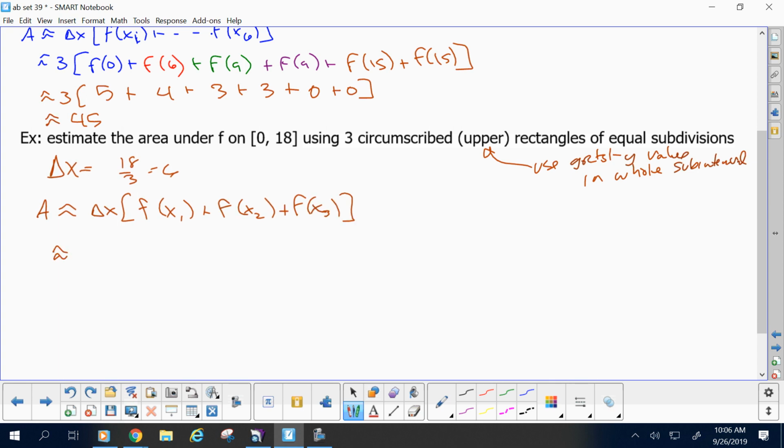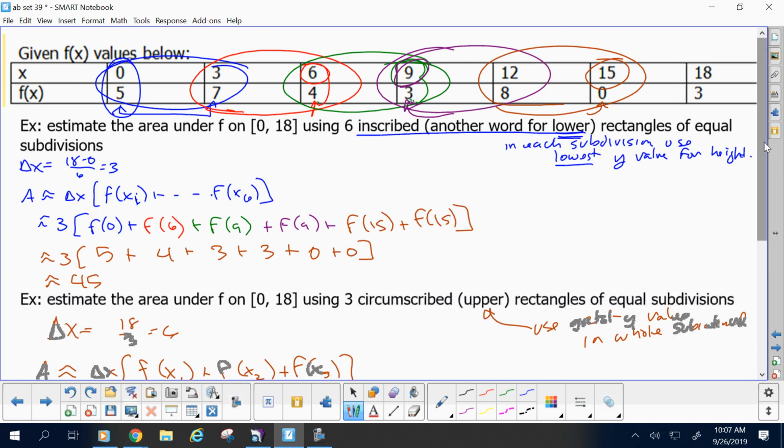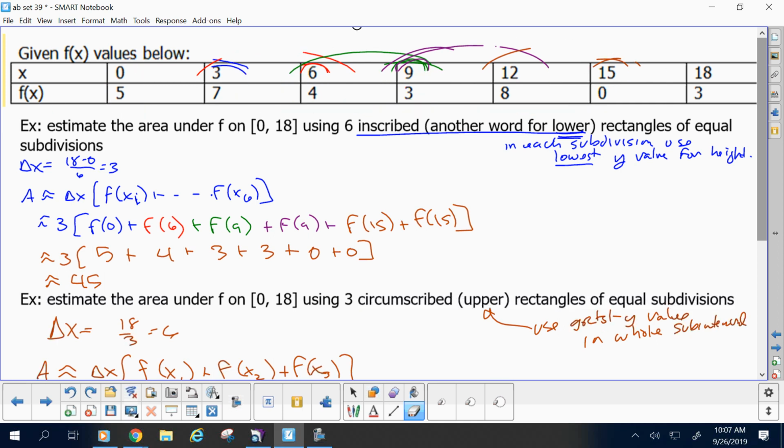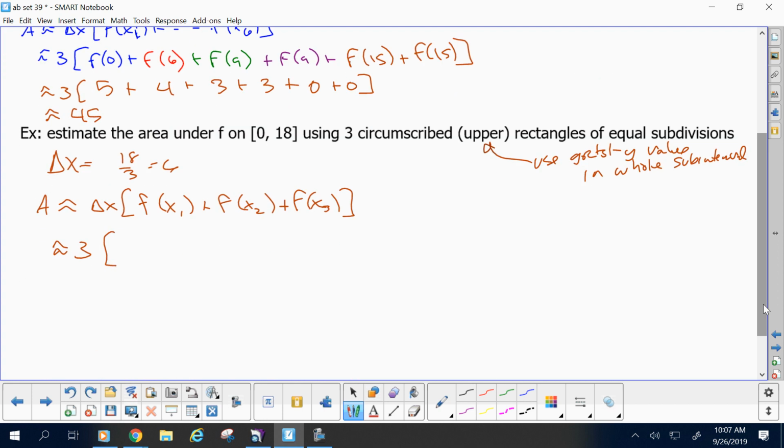All right, in the first region, it goes from 0 to 6. So I'm going to focus on 0 to 6, and I'm going to look in that whole region. What's the lowest y value? F at 6. And so I'm going to choose F at 6.